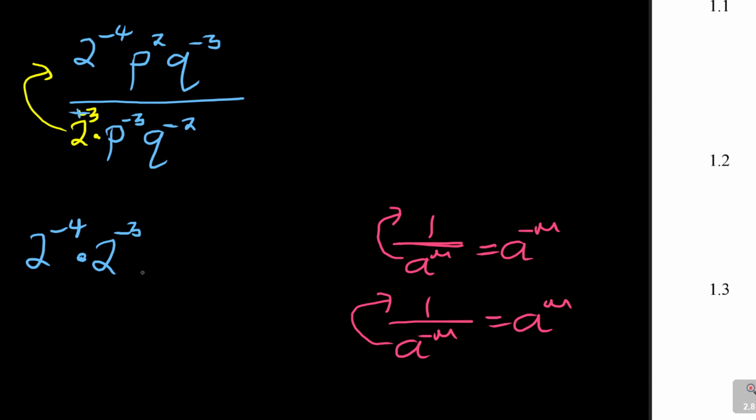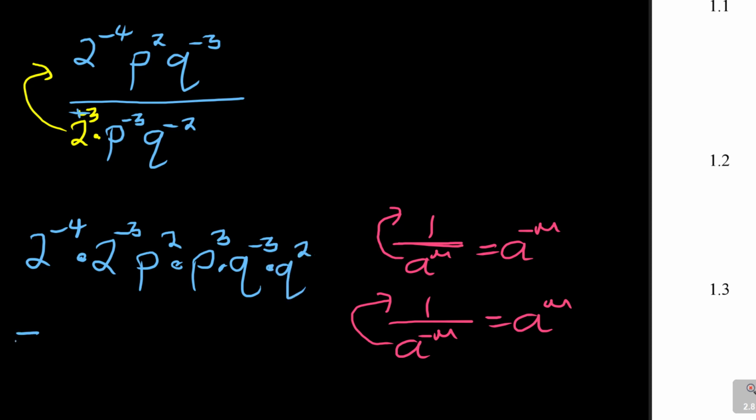All right. And then p to the power of 2, I'm already bringing like terms. Now p at the bottom is negative. It will become times p to the power of positive 3. And then again multiplied by q to the power of negative 3, when this q to the power negative 2 goes to the top, it will become q to the power of positive 2.